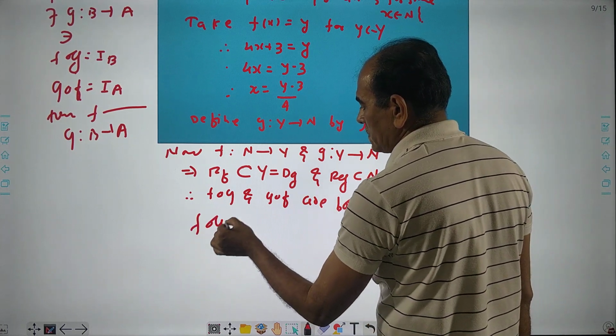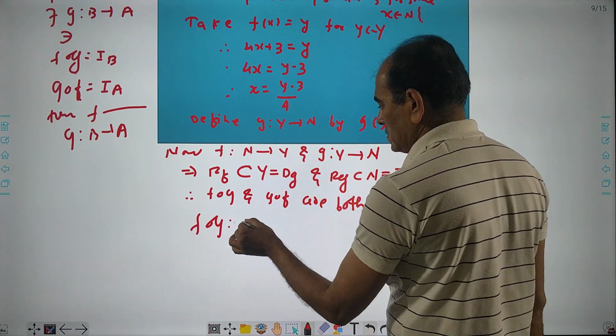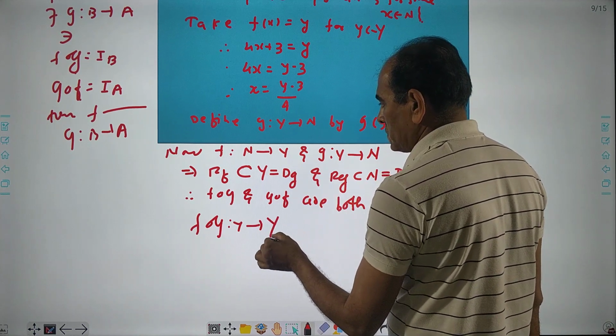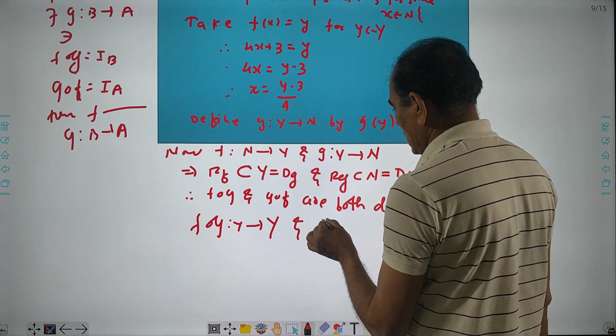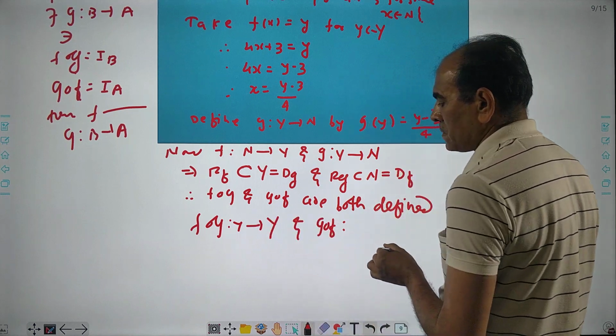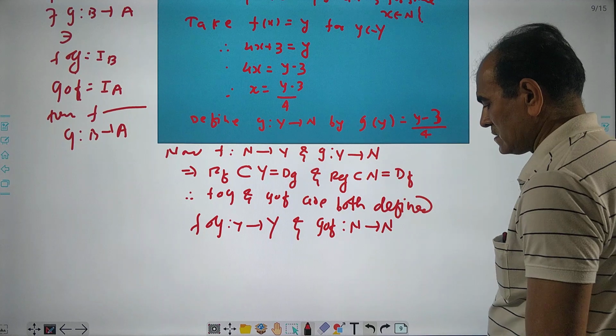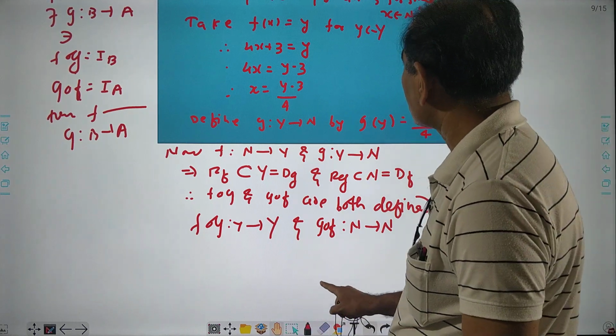And where is f of g from, to where? Domain of g to codomain of f, and g of f is from where to where? Domain of f to codomain of f. Yes. Now let us see.